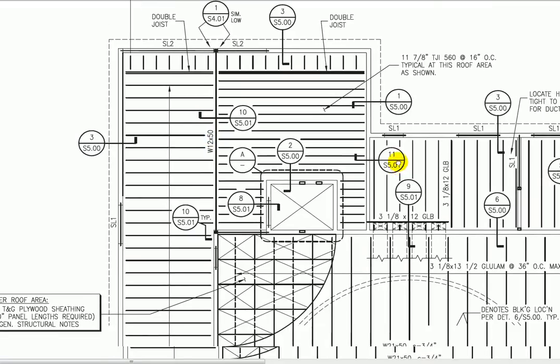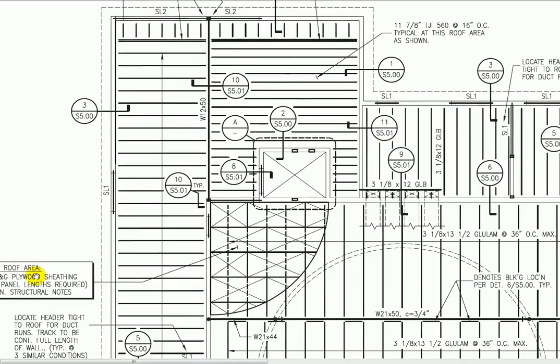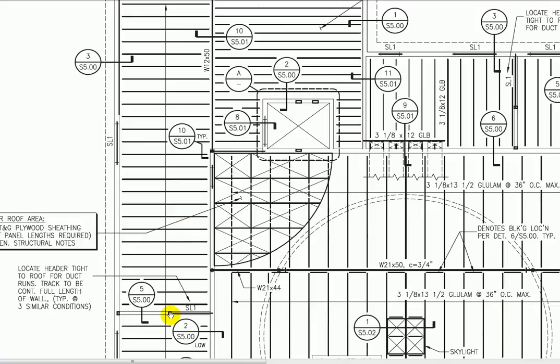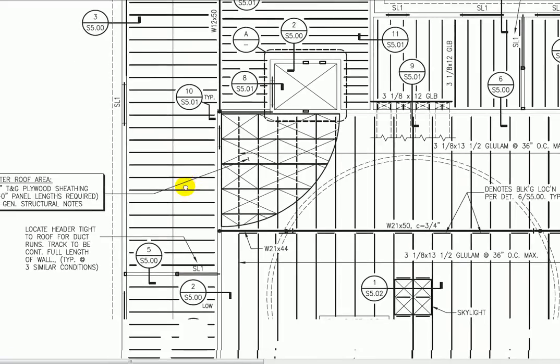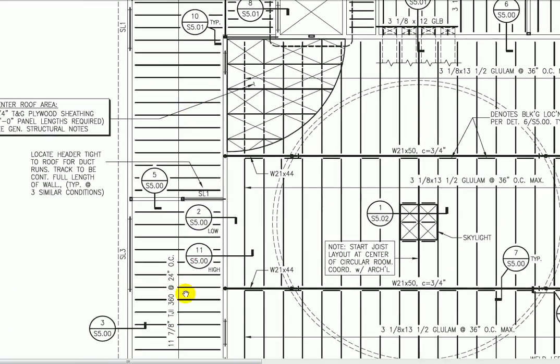If we scan around here, we've got some roof area that is plywood sheathing, and right here we have truss joists at 24-inch on center. Here we have a steel beam going across, a W21x50. C 3/4 inch means there's a 3/4 inch camber on the beam.